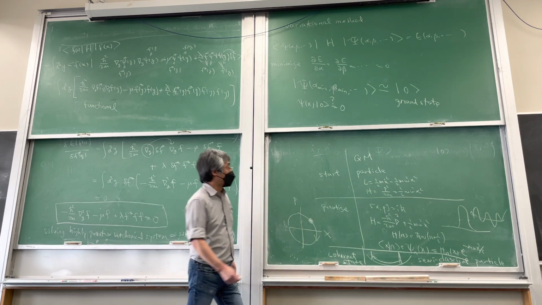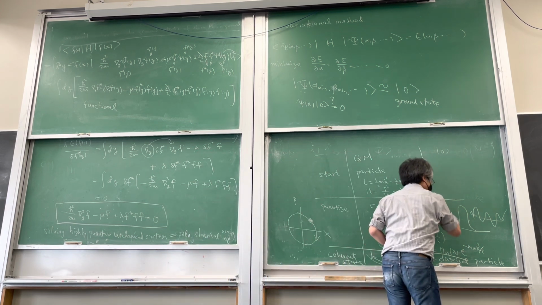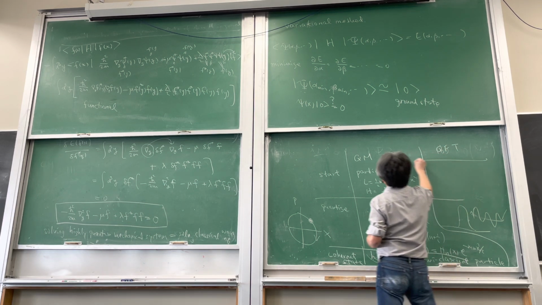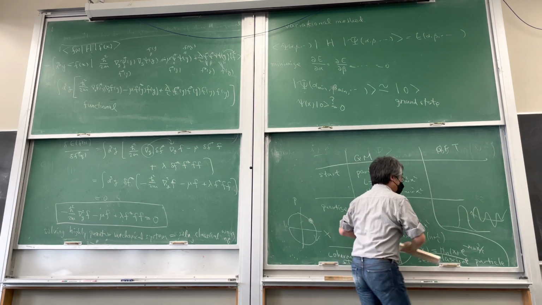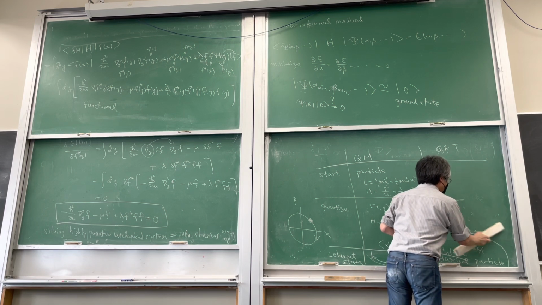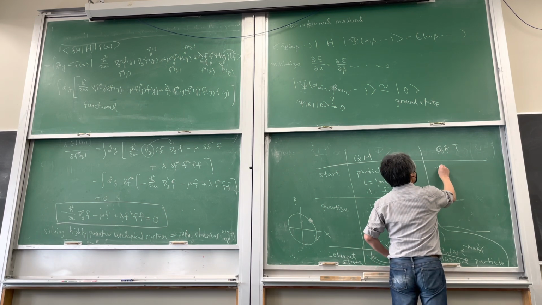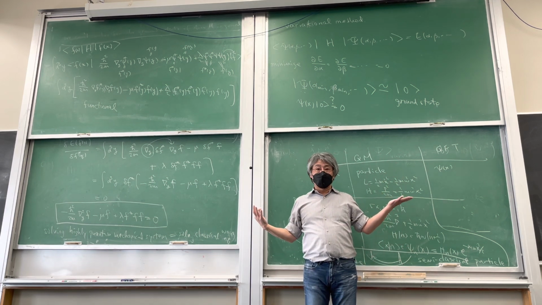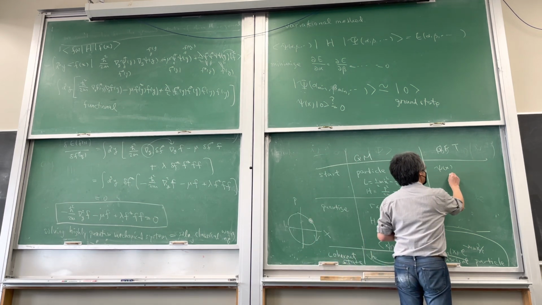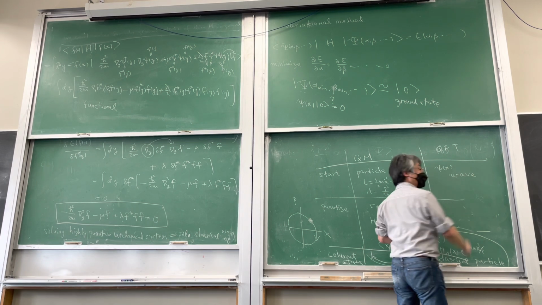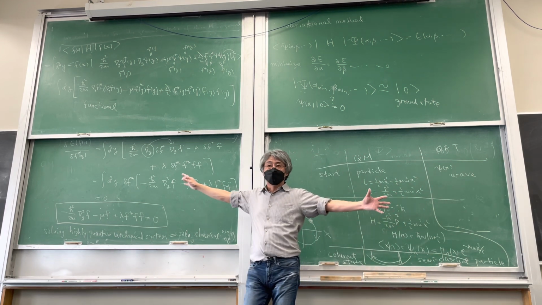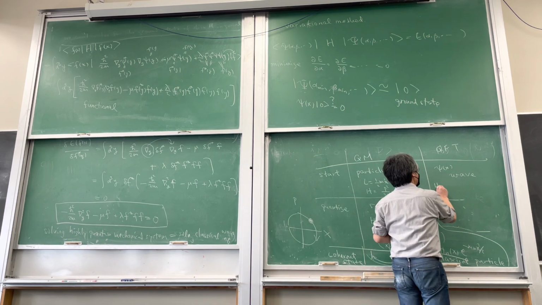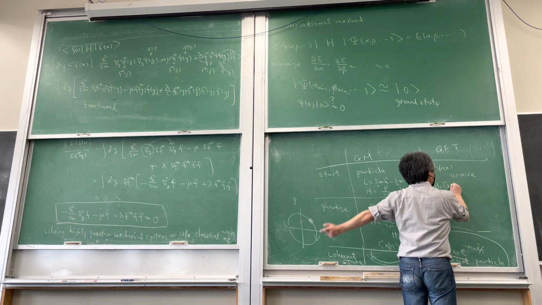Now, what we are doing with QFT is that QFT starts with this psi of x, which is a field. So in some sense, you are starting with a wave, some function of space. And with this wave, we have this Hamiltonian, which is the one over there.